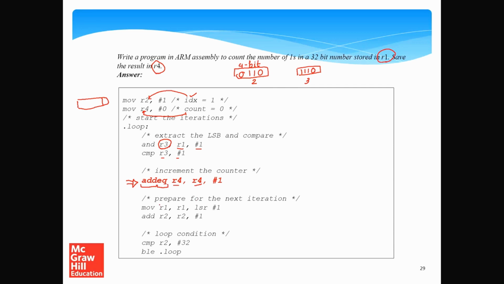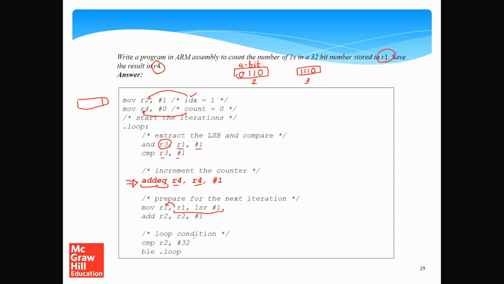Now let's prepare for the next iteration. What we do now is take the number R1 and do a logical shift right. Mind you, not an arithmetic shift right, because in this case we don't want to replicate the sign bit. So we shift it right by 1 position and save it back in R1, and simultaneously we increment the index. So R2 we increment by 1.